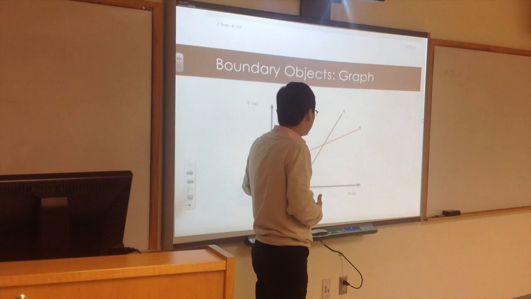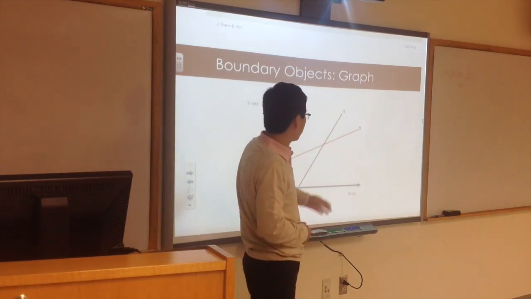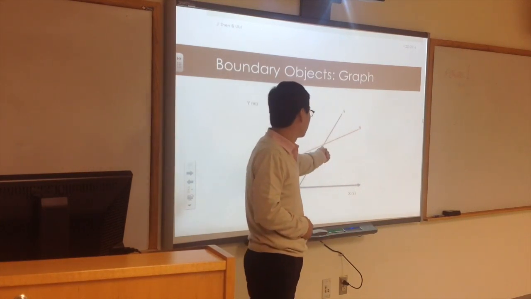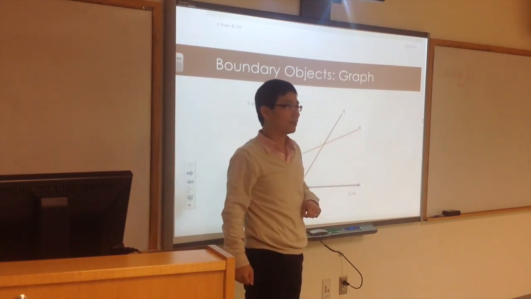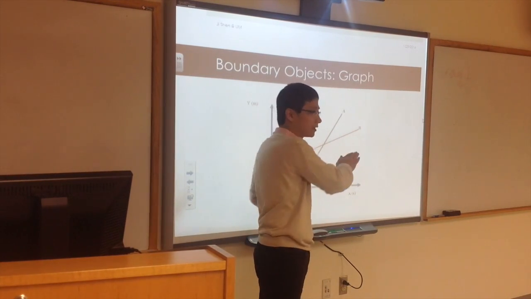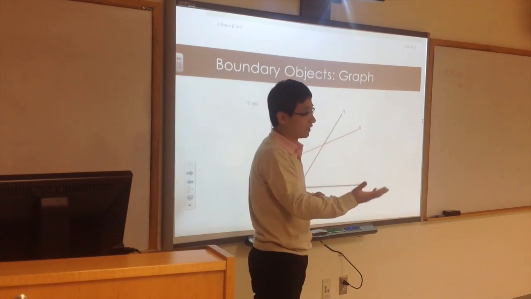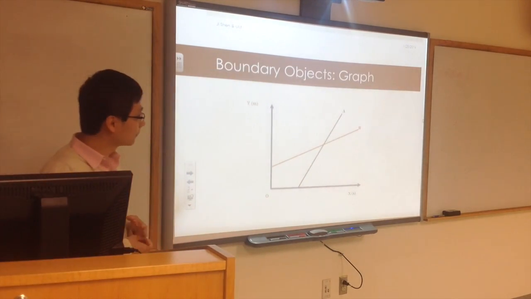From a science perspective, maybe that means, anyone want to guess what that means? Again, if we talk about meters and seconds, we talk about distance and time. That's where they meet. So it has a physical meaning, right? In the science domain. Okay?